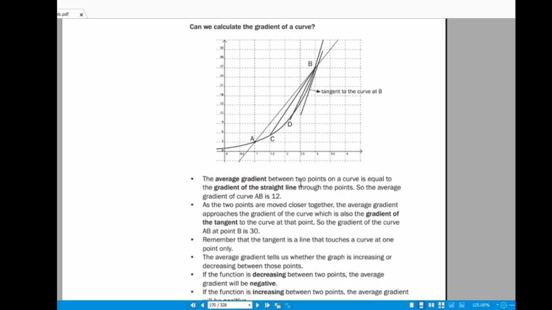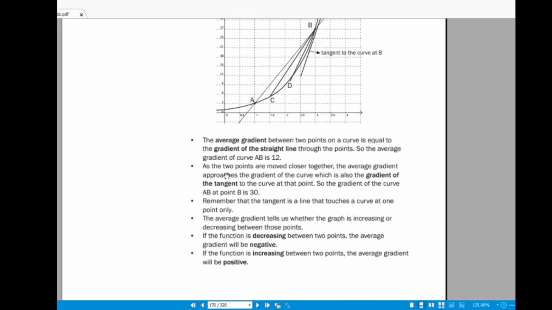The average gradient between 2 points on a curve is equal to the gradient of the straight line through the points. So the average gradient between point A and B is the gradient of the line AB. If you want to calculate the average gradient of a curve, you pick 2 points on that curve, connect a straight line through them, and calculate the gradient of that line.